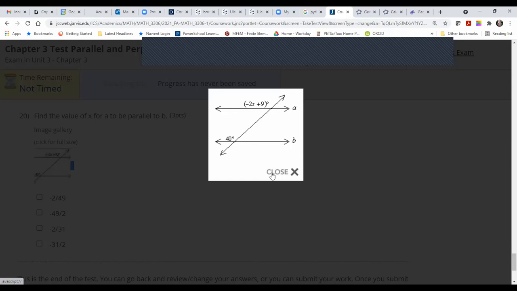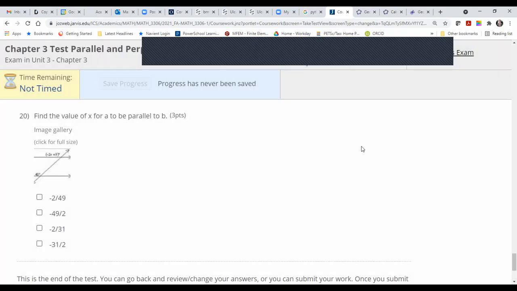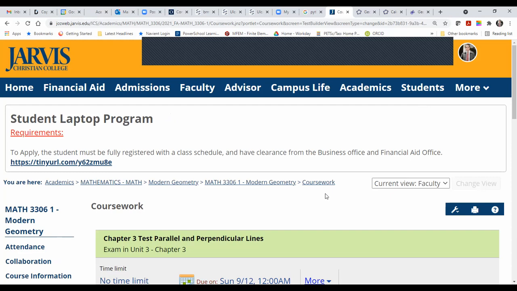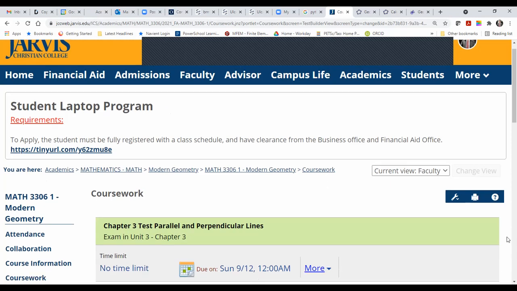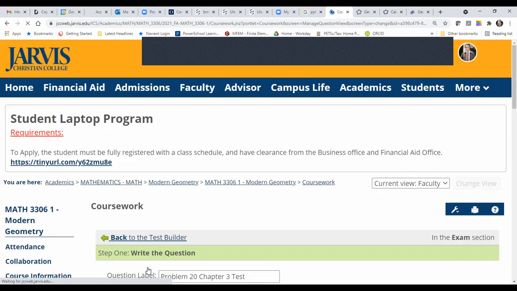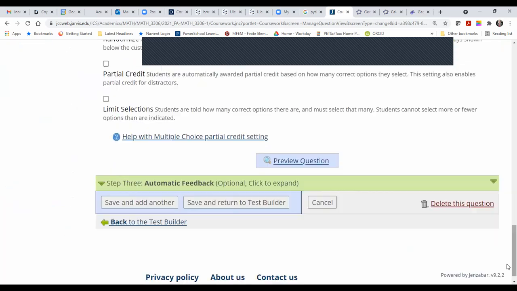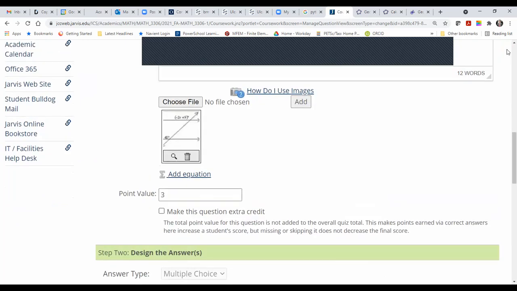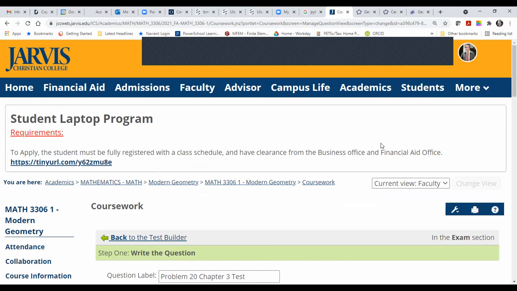Let me make sure this is the correct problem. Number 20, right?